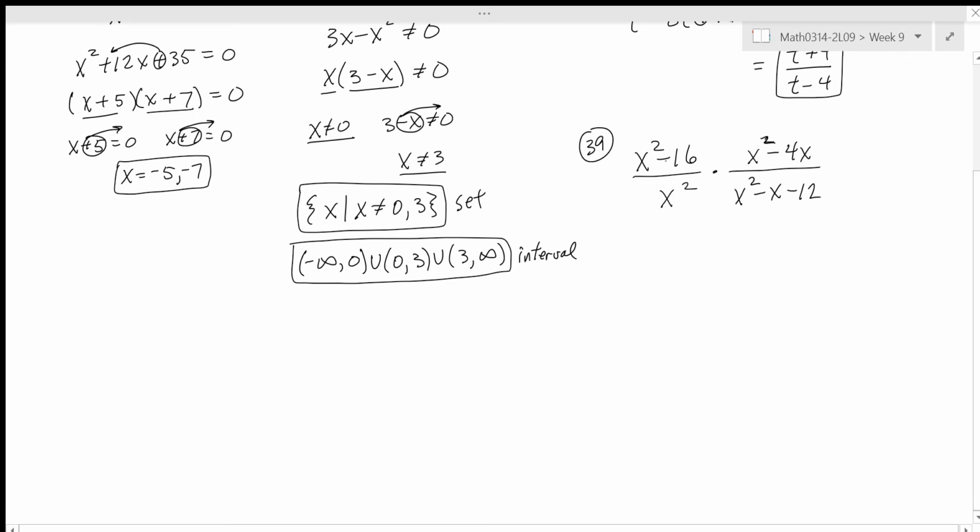So what is x squared minus 16? What is that? Yes, difference of two squares. And so how is x squared minus 16 going to factor? Yes, plus 4 and minus 4, right?